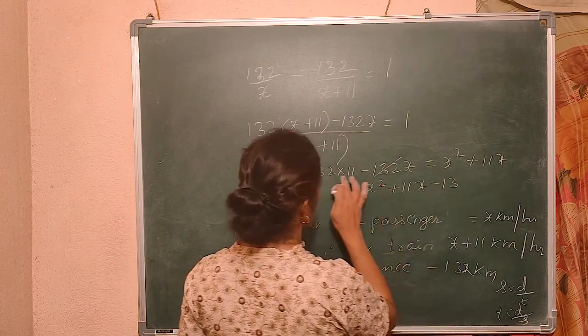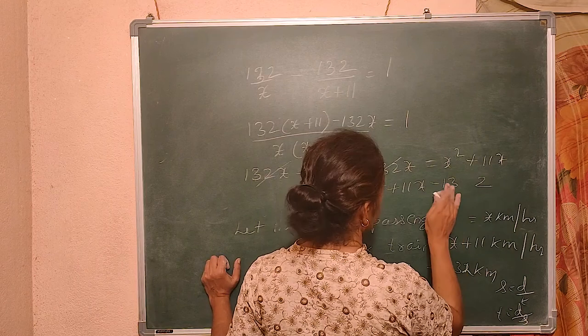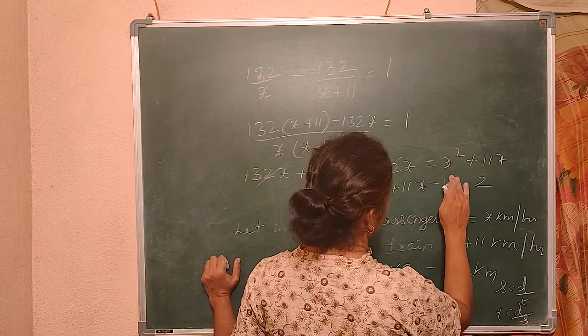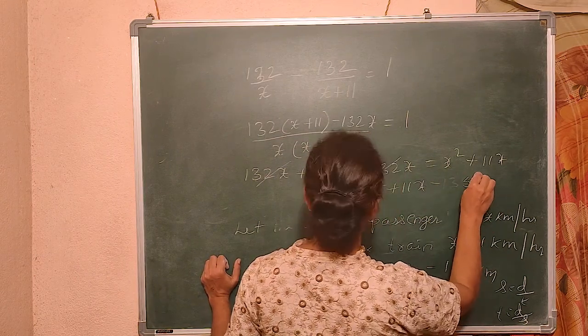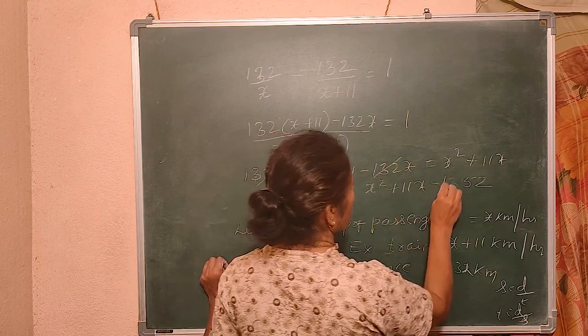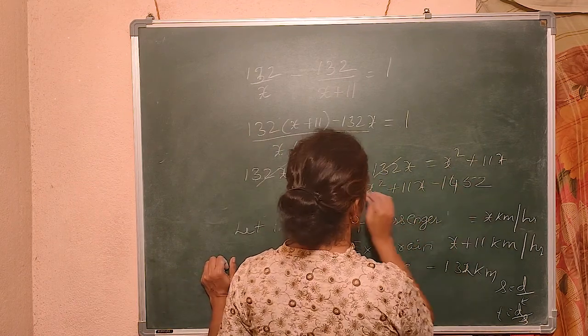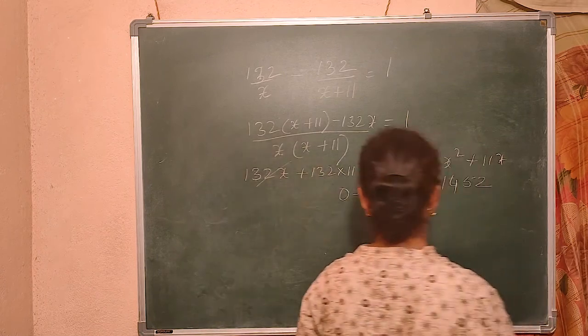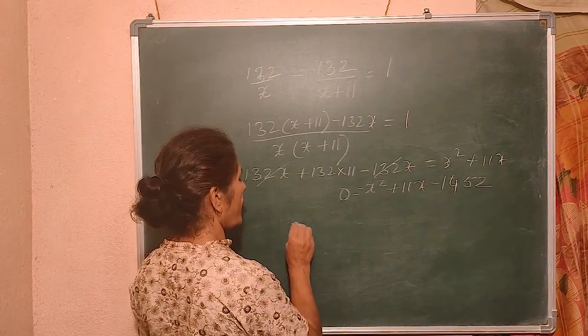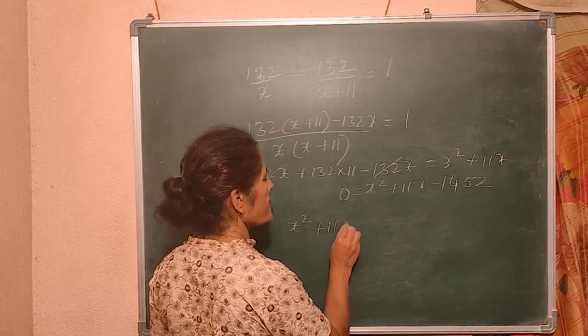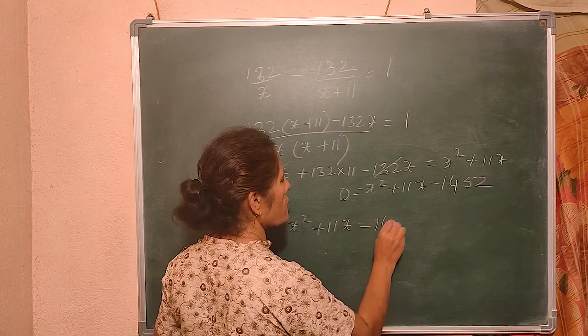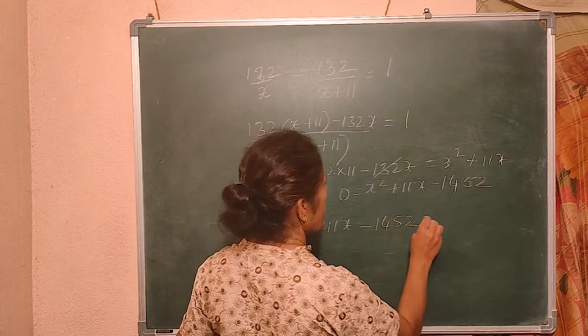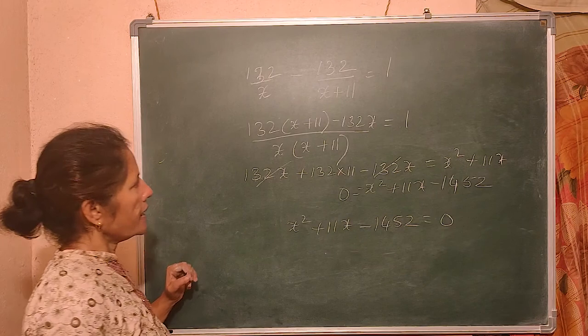How much? 11 2s are 22, 11 3s are 33 plus 2, 35, 11 1s are 11, 1452 is equal to 0. So you get x squared plus 11x minus 1452 is equal to 0.